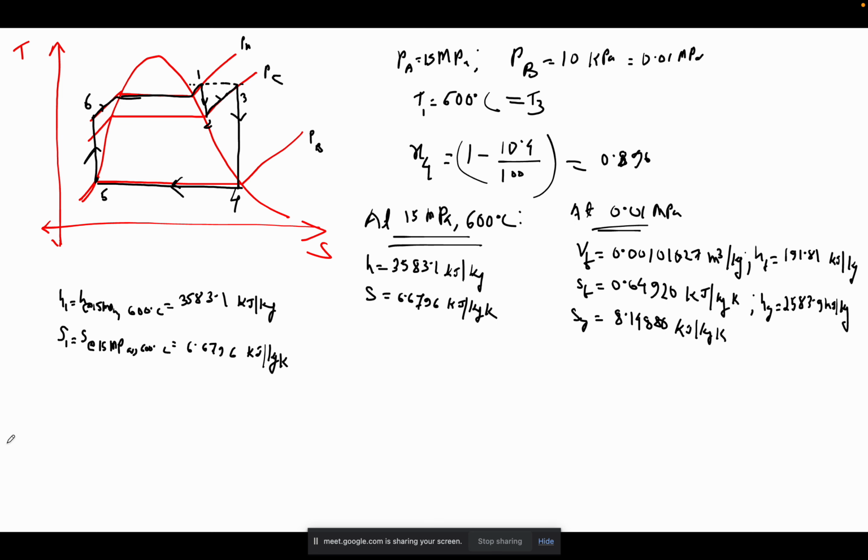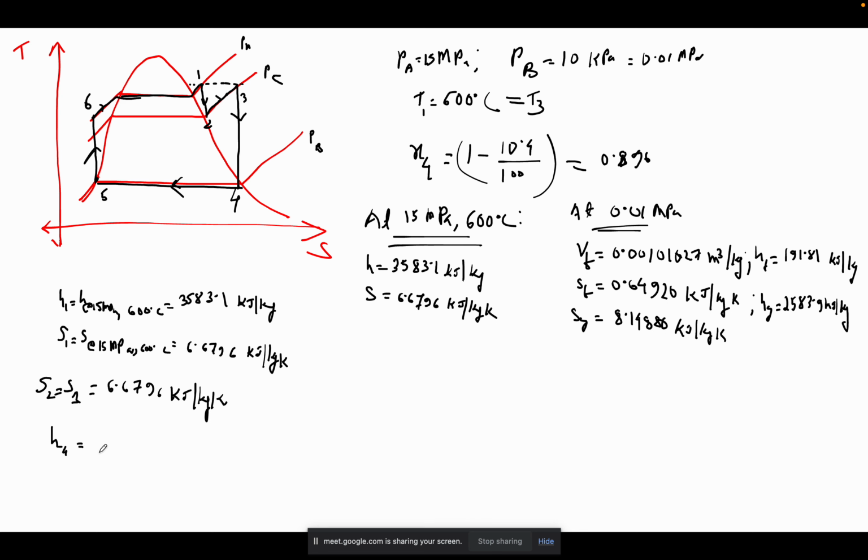Then S2 will be equal to S1, which is 6.6796 kilojoule per kg Kelvin. So how do we calculate H2? We don't know anything about it. Fine. Can we calculate H4?